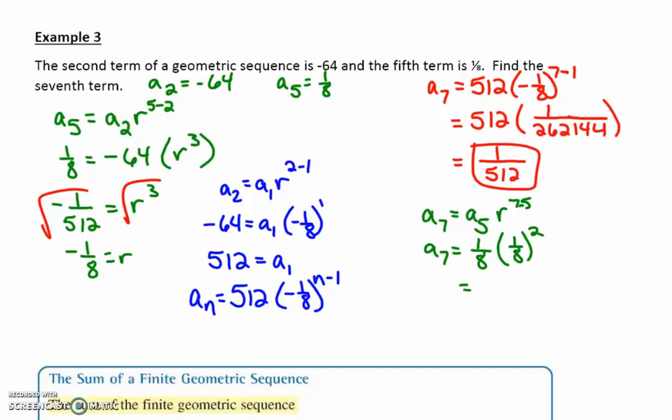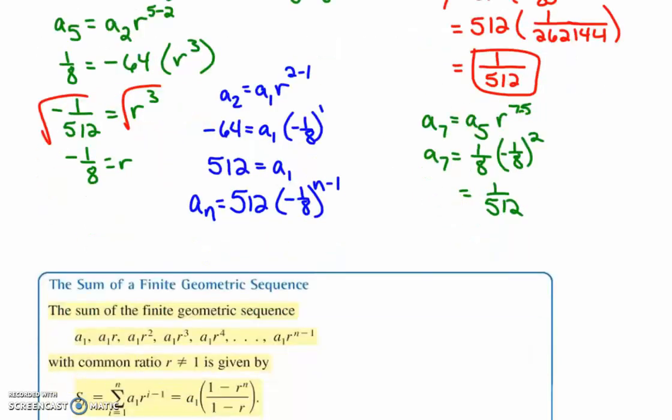And when you square that, you get a positive 1/64 times 1/8, and you still get 1 over 512. So there's a couple different ways that you could do that problem. It just depends on how you want to do it.